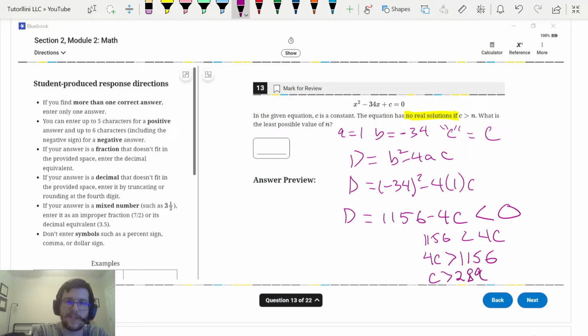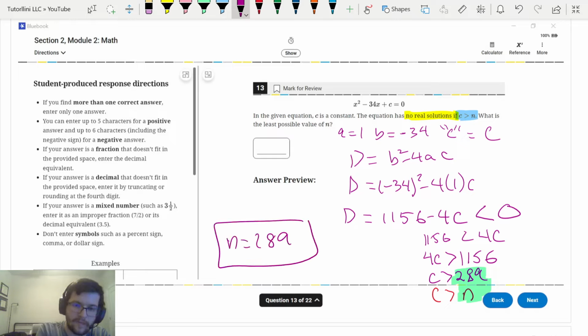And you see it says C is greater than N. So C is greater than N, and now you can see that N is 289. So N is equal to 289. Great, so that was just another discriminant question.